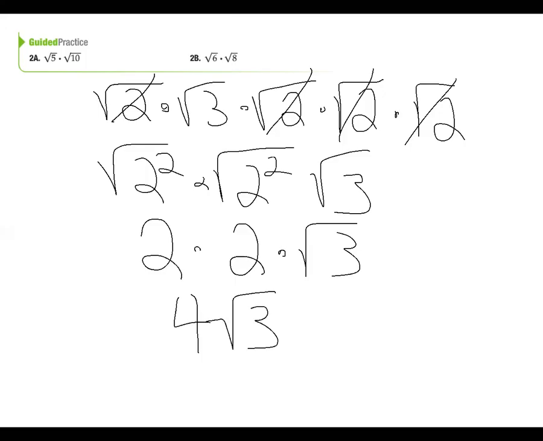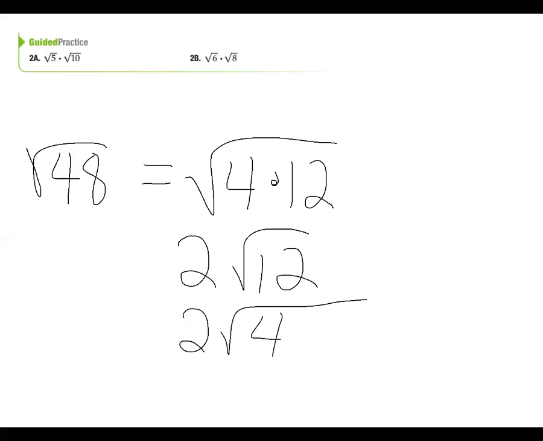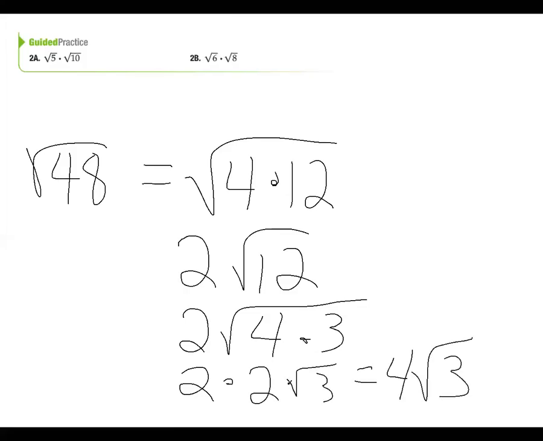All right? Or you could multiply the 6 and 8 and get square root of 48. And one thing you could do is see that 48 is 4 times 12. And then that would be 2 square root of 12. But then 12 itself is 4 times 3. So you get 2 times the square root of 3, which gives you 4 square roots of 3.